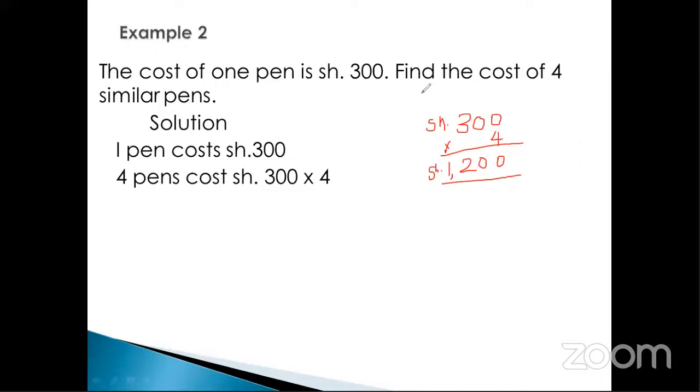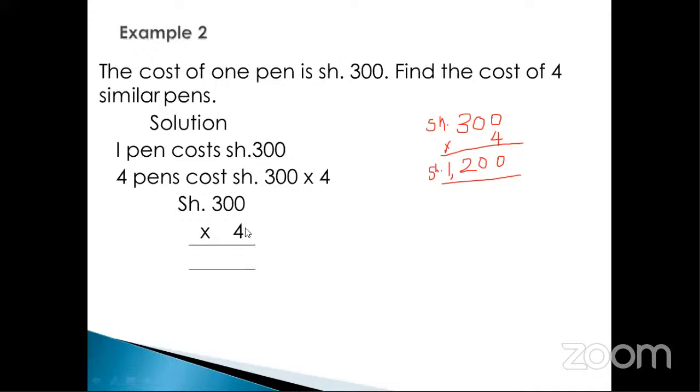Thank you. So that is how we are going to be doing. Here you can arrange your work. If you have 300 shillings times 4 to get the cost of 4 pens, you can arrange it vertically like the way we have demonstrated on our side work. Or you can even do it from here, that is 300 times 4. So what do we get?